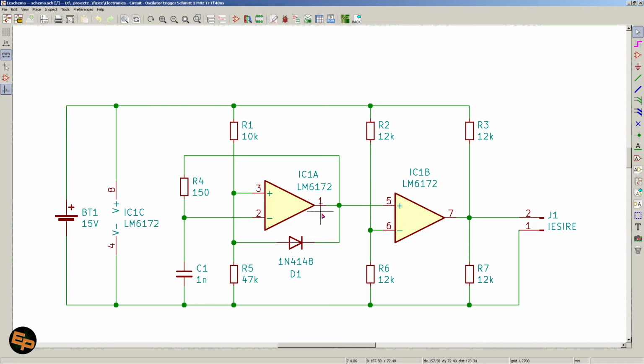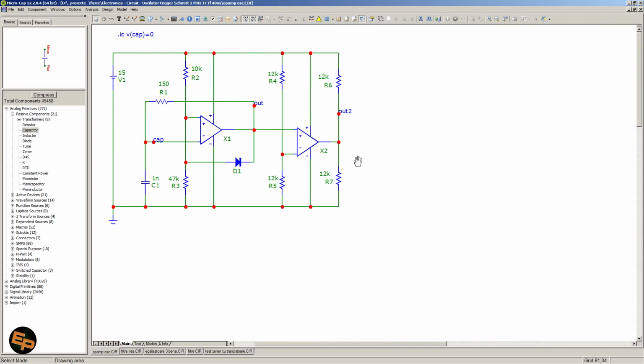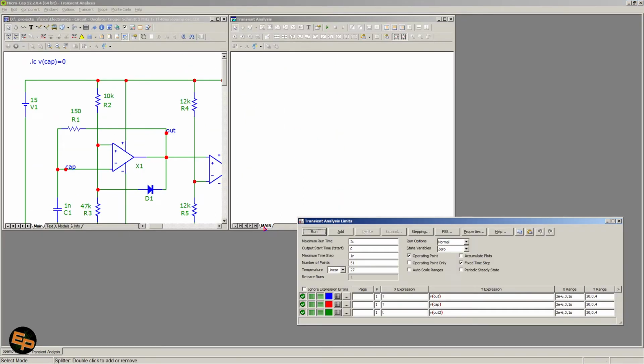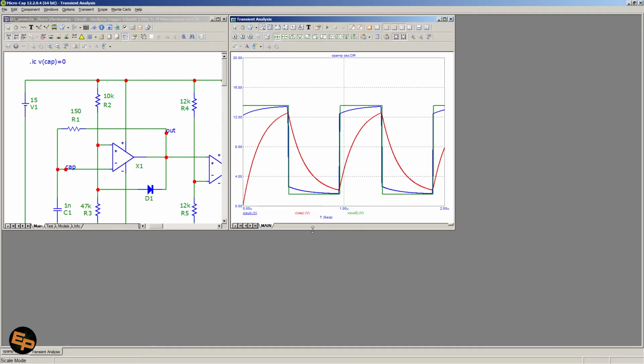Therefore, I'm comparing the output of the first op-amp with half the power supply voltage, and this way the output is cleaner, because the output of the first op-amp is not so clean due to the capacitor being charged and discharged. In order to better see this, I have also created the circuit in Micro-Cap, and we are going to simulate it.